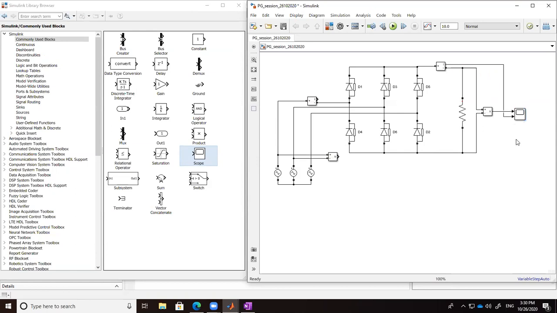And the first input of the scope is connected to voltage and second is connected to current. Similarly, here also on the input side, first we need to connect it to voltage and then we connect it to current.